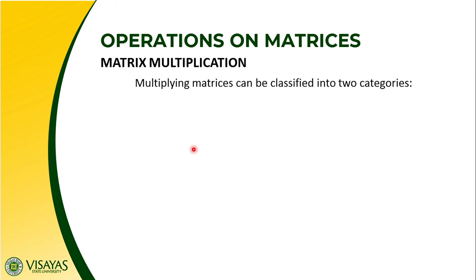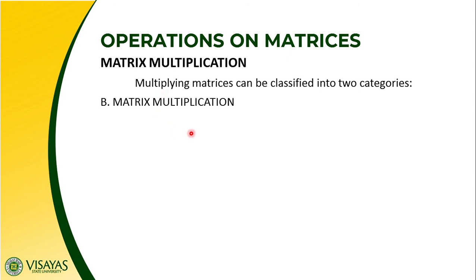Next, we have if we are to multiply two different matrices. Take note that matrix multiplication can only be done for square matrices.